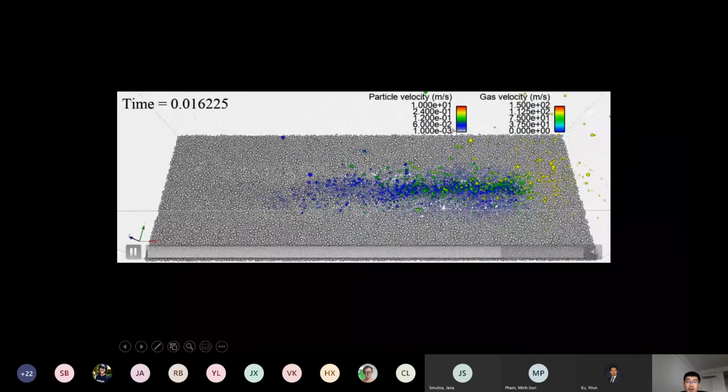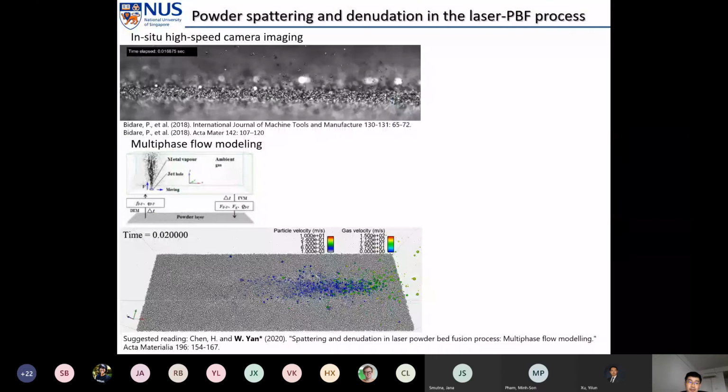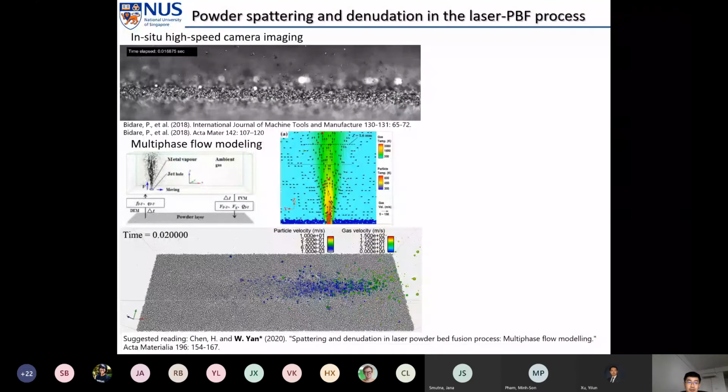The particle velocity agrees relatively well with the experimental observation. This is a vapor jet flowing at high speed. The ambient gas will form a vortex and flow like this. So the particles nearby will be blown up, and the neighboring particles will be dragged in.